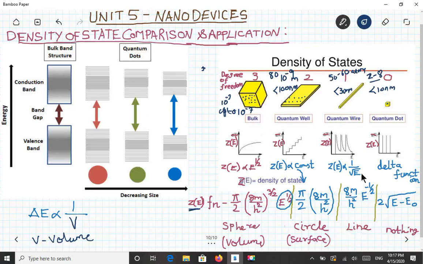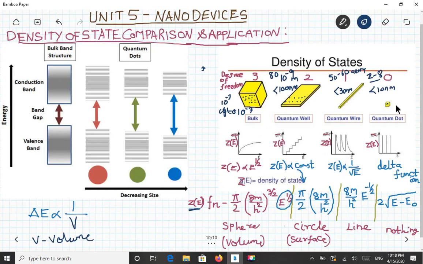And for the quantum wire, we will use a line for deriving this density function. Here we are not using anything, it's just a delta function. That's it. Okay, so this is all about the density of states comparison, starting from the bulk material to the lowest-dimensional material. We will use this quantum dot to make a laser diode and to make a transistor.